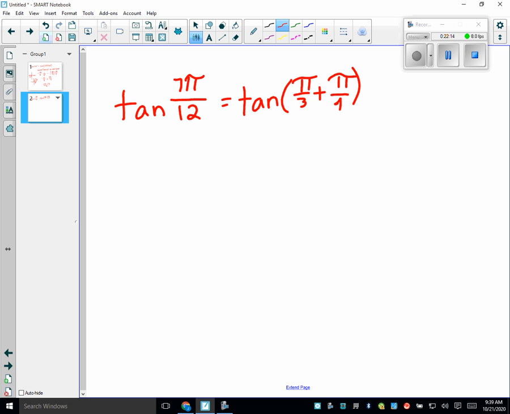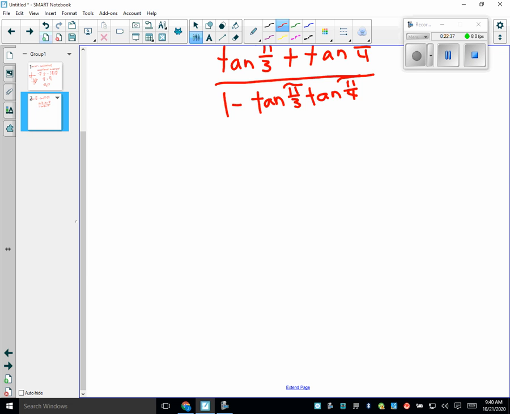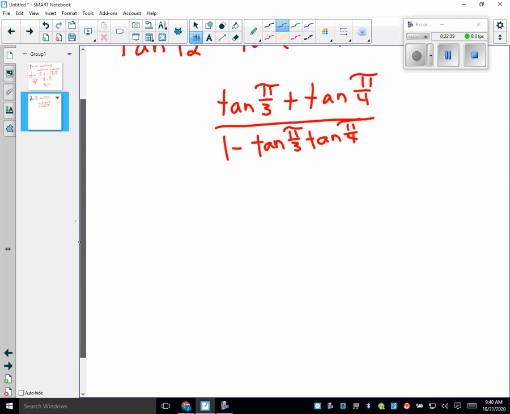So my formula is tangent of pi over 3 plus tangent of pi over 4, over 1 minus tan pi over 3 tan pi over 4. Agree? All right.